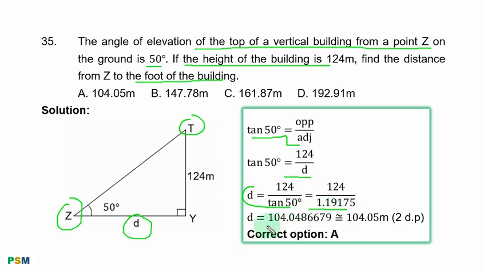After division, you have this result to 2 decimal places. The distance D is approximately equal to 104.05 meters. The correct option is A.